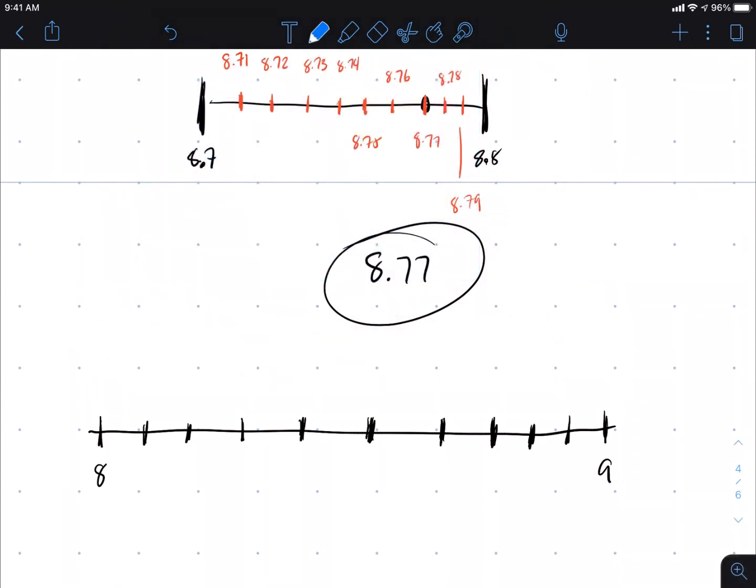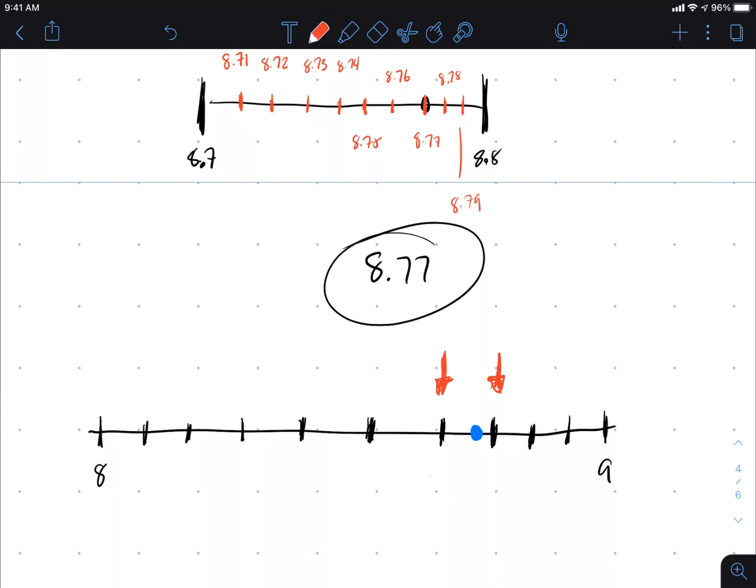Then let's say my point is right here. We should label what these two are so we know between what two specific numbers that blue dot is. It's between 8.6 and 8.7: 8.1, 8.2, 8.3, 8.4, 8.5, 8.6, 8.7.